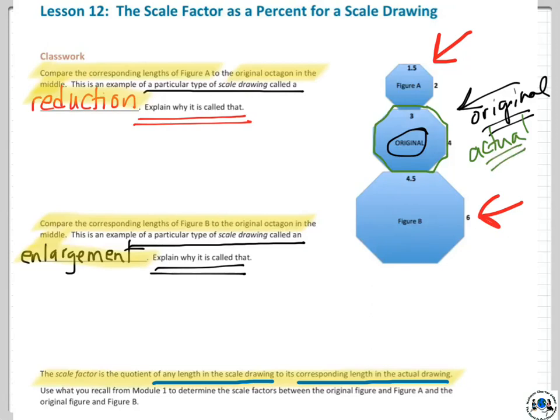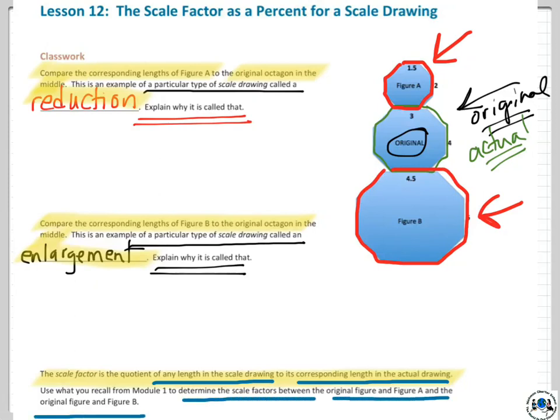The other two, this one here, which is the enlargement, and the reduction up top here, are what we know to be called the scale drawings. Only the red figures are the scale drawings because they are actual manipulations of that original drawing.